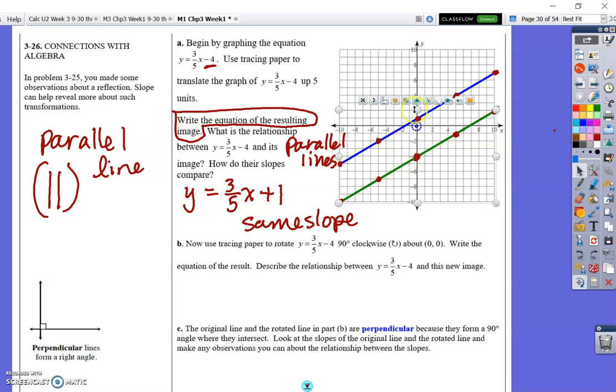So here I am with this. I'm going to rotate 90 degrees, and it says clockwise, so that's this direction. Really would help if I had dots, but I think I'm right there now. Not quite.